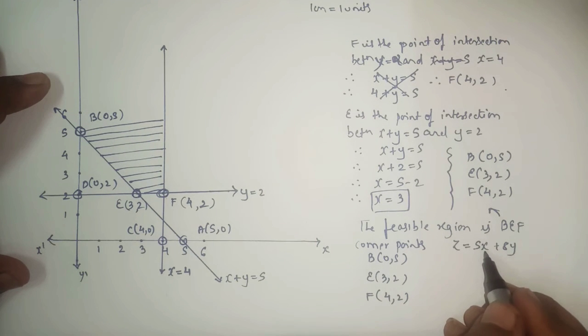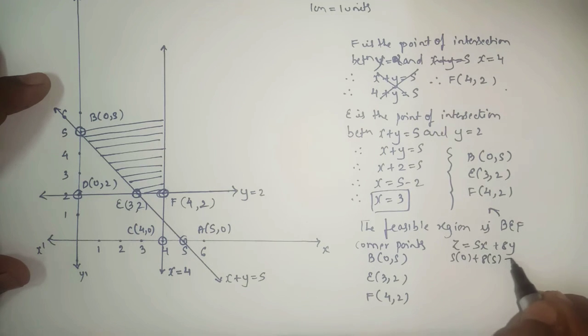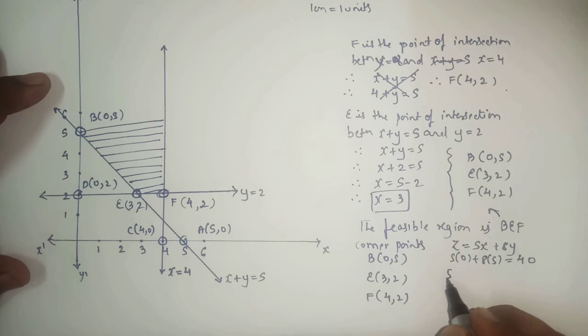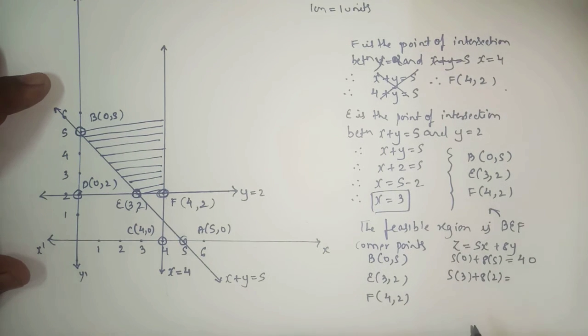First replace the value of x by 0 and y by 5. Here we get the answer as 40. Next, 5 into 3 plus 8 into 2: 5 3s are 15, 8 2s are 16, so the answer is 31. Then 5 into 4 plus 8 into 2: 5 4s are 20 and 8 2s are 16, so the answer is 36.